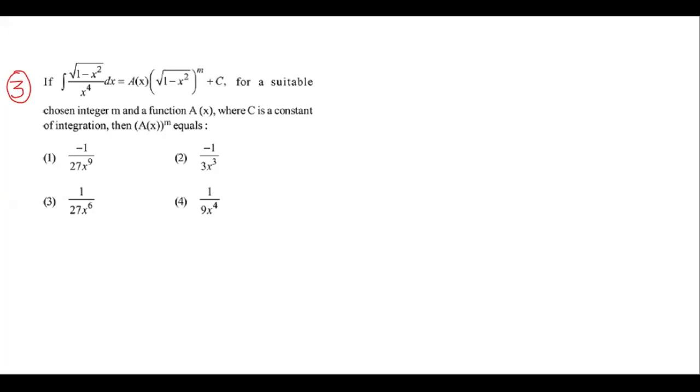Now first see the question. What they have given, that is integration under root 1 minus x square divided by x power 4. I am writing x cube into x dx. Now this x is sent inside the root, 1 by x cube.